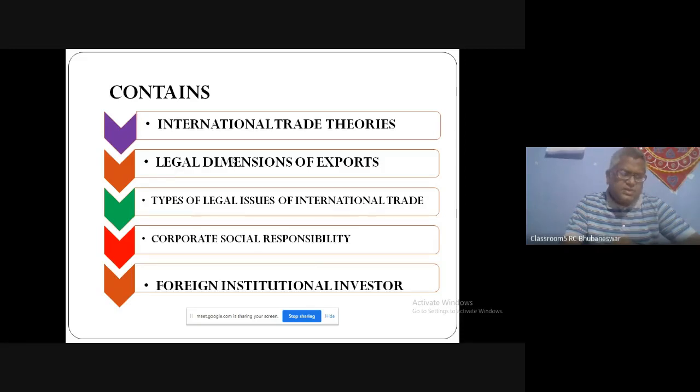Another one is low income countries, which are called underdeveloped countries. These three types of countries have different characteristics and their own identity.